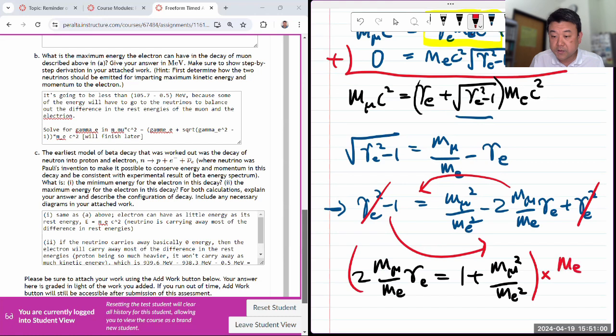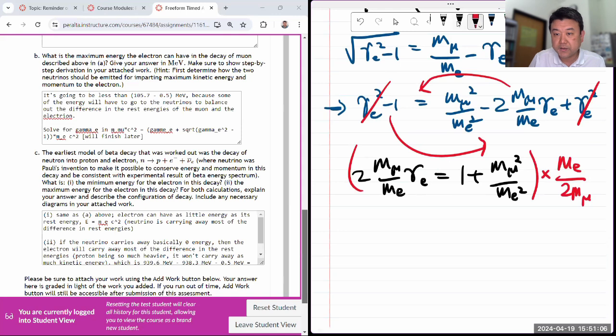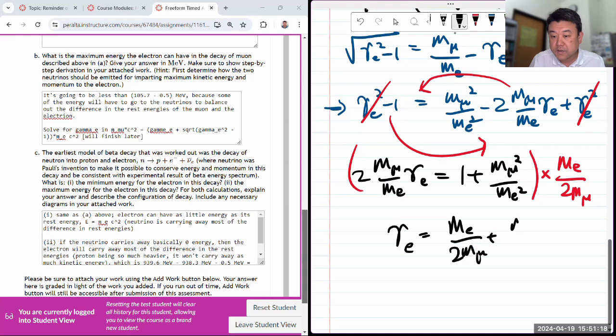So it'll be me over 2 mu. So that'll give me the answer for gamma E. Gamma E is equal to me over 2 mu plus, doing some cancellations, mu over 2 me. So that gives me gamma E.